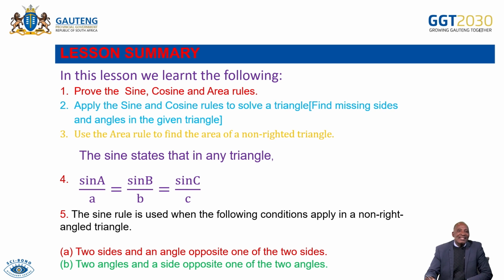Otherwise, the sine rule is used when the following conditions apply. In a non-right angle triangle, that is when two sides are given and an angle opposite one of them, or two angles are given and a side opposite one of them.